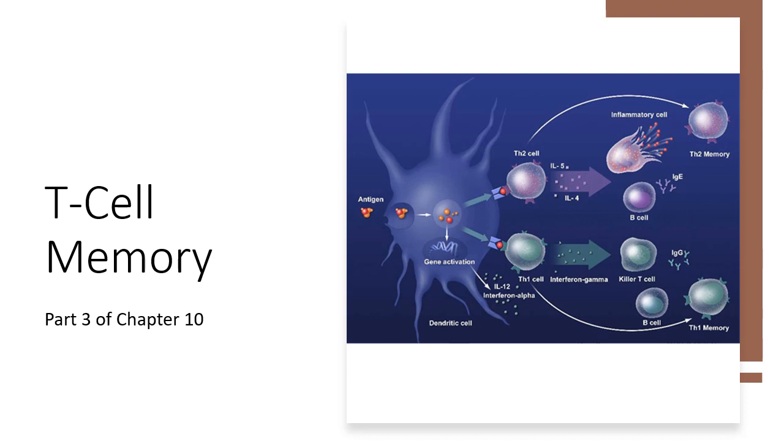And yet you're left with enough memory cells to successfully defend you against future infections. That is so awesome. It only takes a few, because those memory cells have the unique ability to respond much faster. They've basically already been activated. They're just hanging out in a quiet state. Technically, it's G0 of the cell cycle.